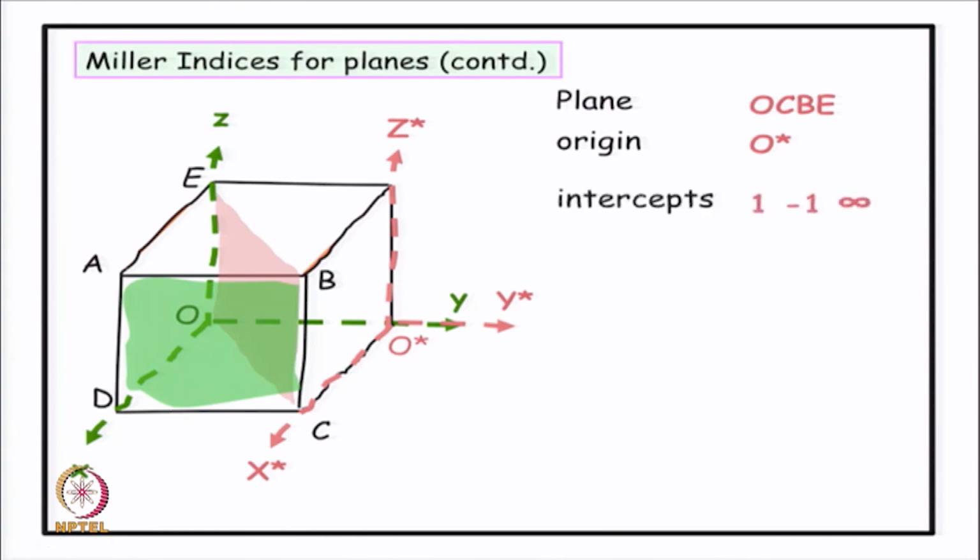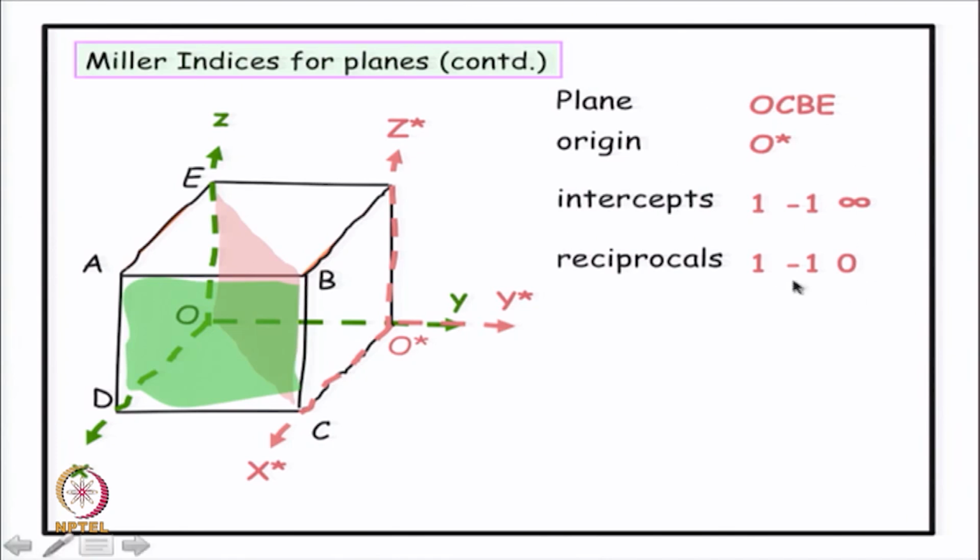So, the intercepts now, on the x axis the intercept is 1, on the y axis if I move in the positive direction there is no intercept. To get the intercept on the y axis I have to move in the negative direction. So, I have a negative intercept on the y axis, and the plane is still parallel to the z axis. So, the third intercept is infinity. We now take the reciprocals.